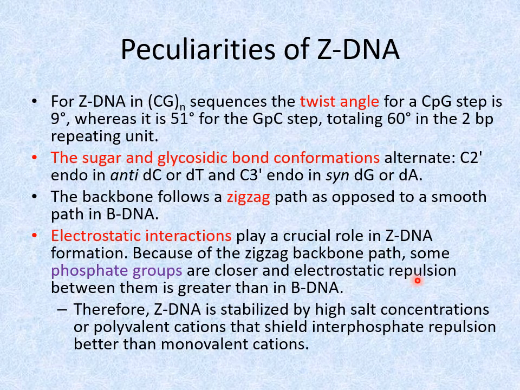So the electrostatic repulsion between them is more. If we want to have a stable Z-DNA, we need more high salt, more ions. So we say that Z-DNA is stabilized in high salt concentration because it needs more positive ions to stabilize the electrostatic repulsion between closely lying phosphate groups.